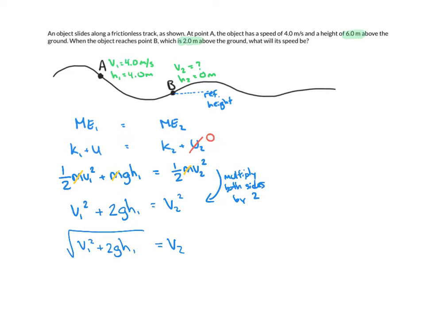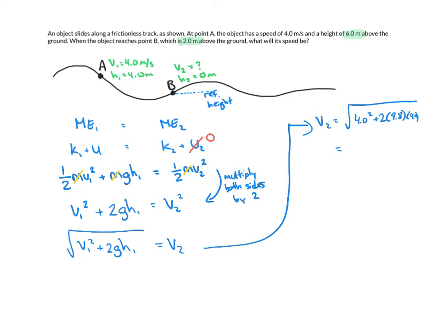So I'm going to move over to the right hand side where I have some room. I'm going to write v2 equals the square root, and I'll fill in the values. So v1 squared is 4.0 squared, and then plus 2, g is 9.8, and h1 is 4.0.